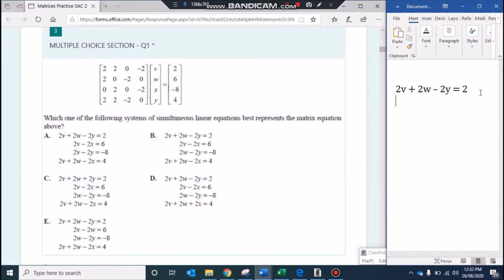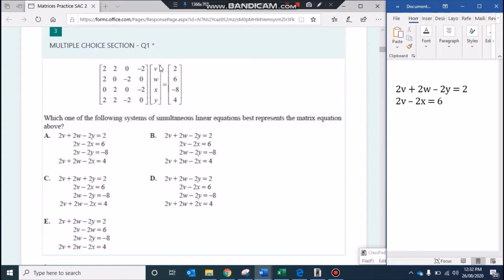Now let's get the next one. We've got 2 multiplied by v, nothing by w, then negative 2x, and nothing with y, and that equals 6. So we've got 2v minus 2x equals 6. And we can just keep doing this.